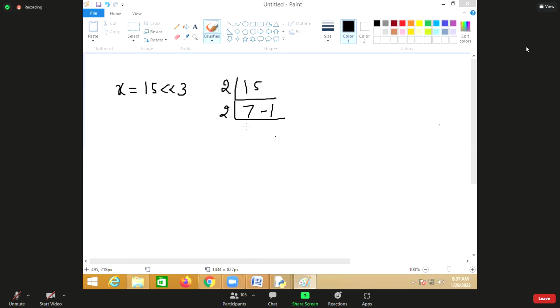Okay, right. Now 15 divided by 2 is 7 with remainder 1, 3 times remainder 1, and 1 time remainder 1. So what is the binary equivalent of 15? 1, 1, 1 and 1. So how many bits are you shifting towards the left side? 3 bits. 3 bits means you'll be adding how many bits at the right side? 3 bits.